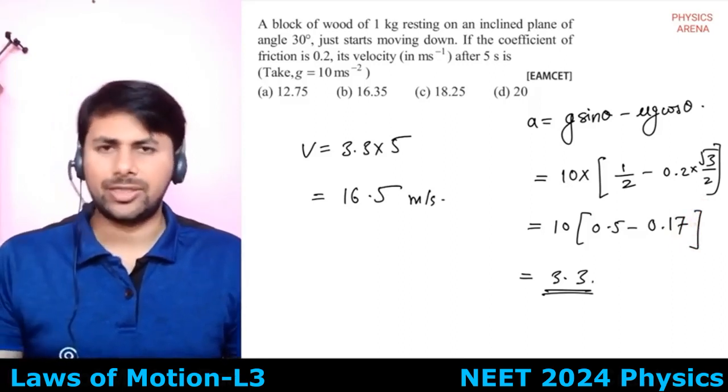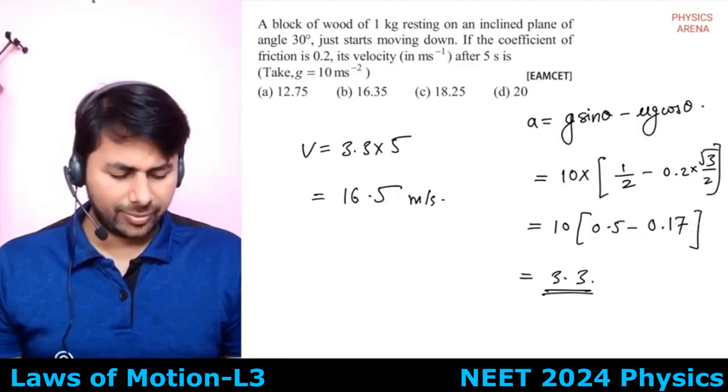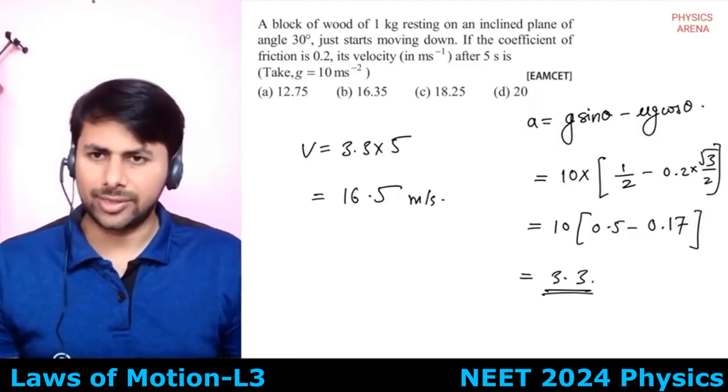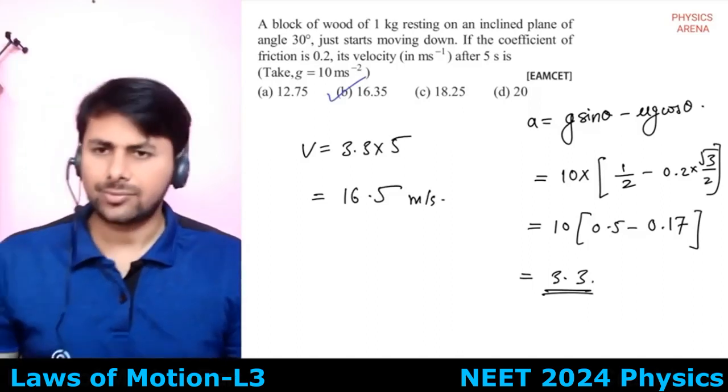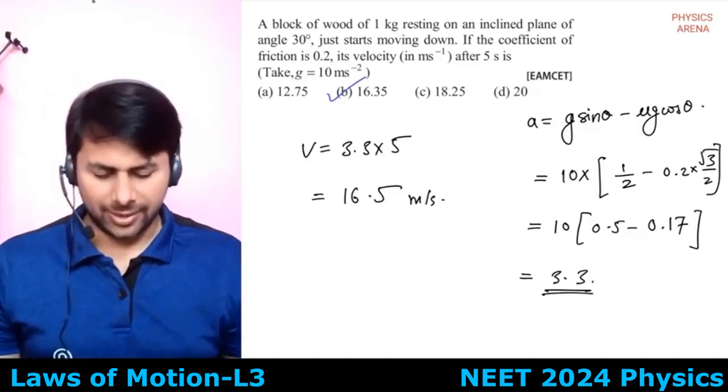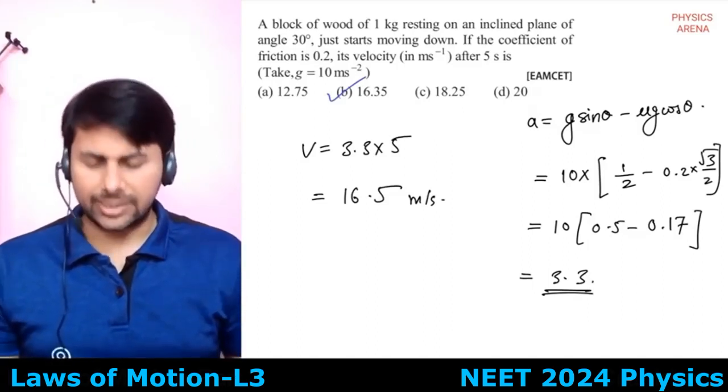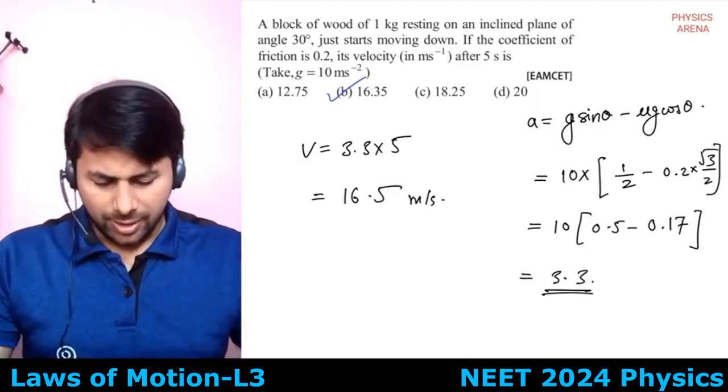It was 0.173, and I skipped that 3. Otherwise, it would have come 16.35. All right.